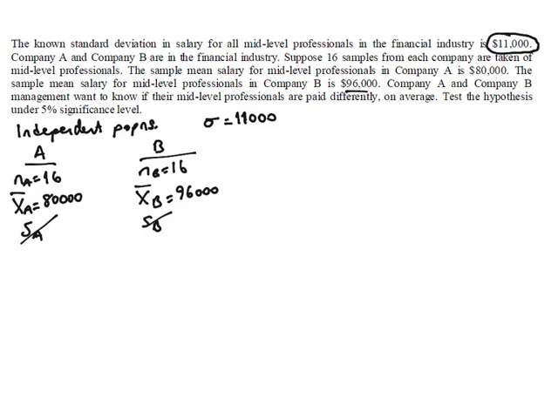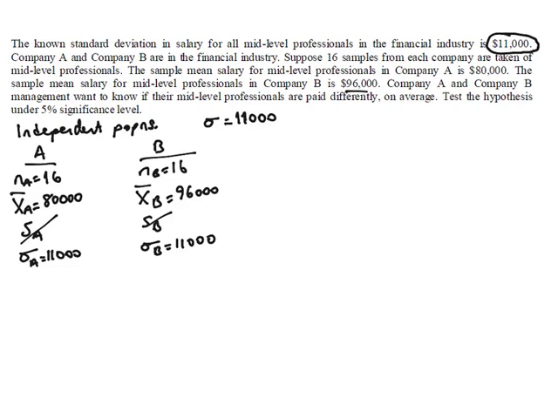Is it sigma A or sigma B? Both of them. So we can write sigma A is equal to 11,000 and sigma B is equal to 11,000. Okay, now we know that.